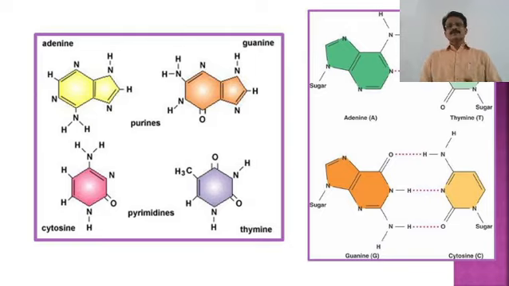This is specific; nowhere do you find changes in this pairing pattern. If there is a change, it may lead to some problem. So this is a very unique feature which we find in DNA.